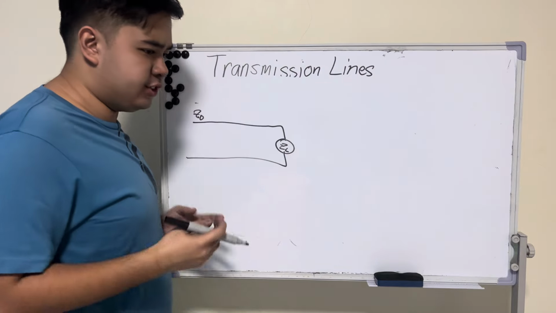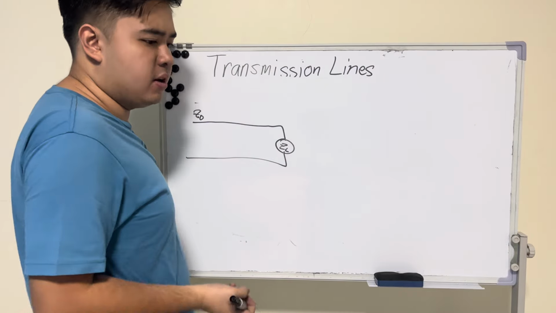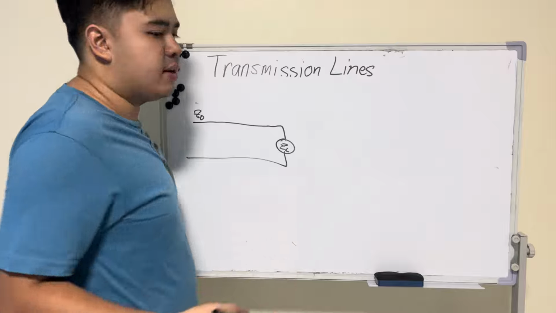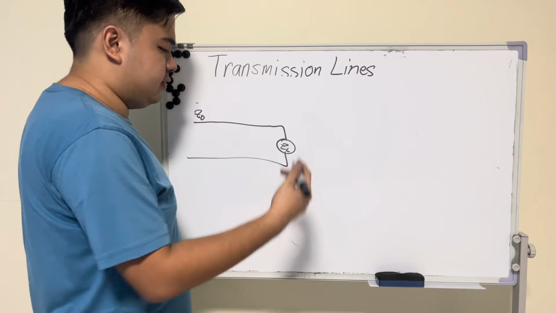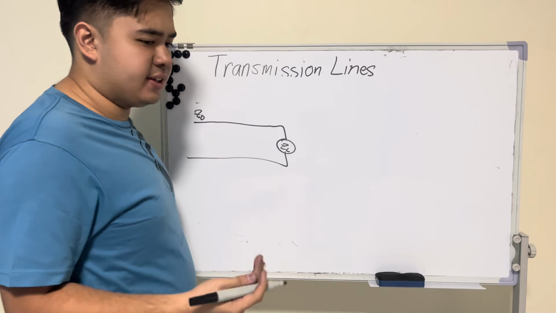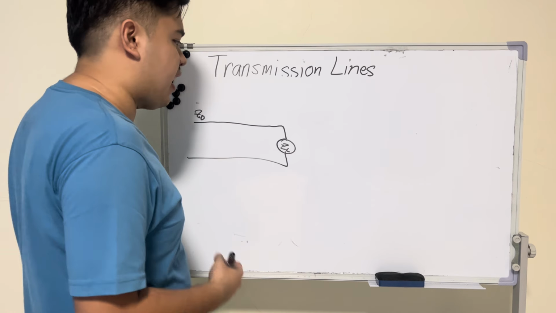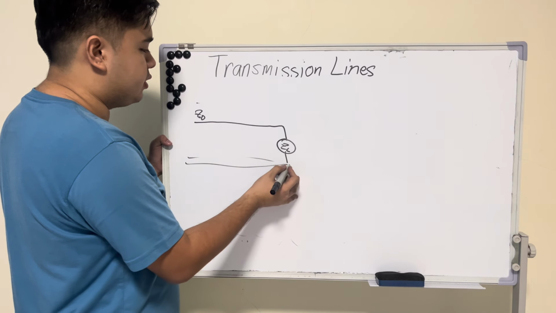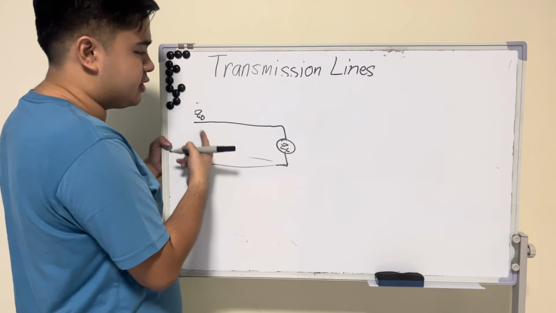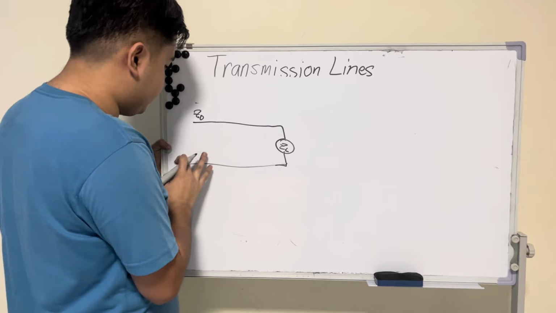Now, the issue with the quarter wave transformer is that we need some theoretical characteristic impedance wires that we don't have, and we only have standard characteristic impedances. So instead, what we're going to be using is the same wire that we have used here.